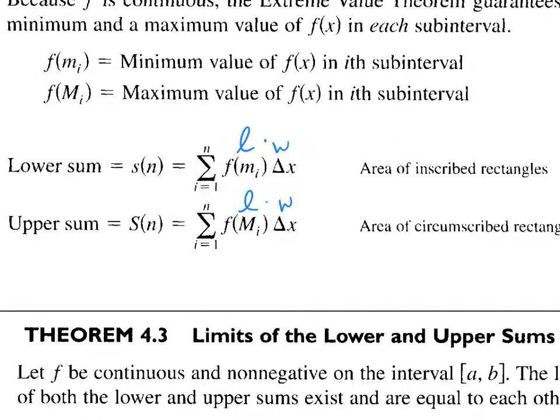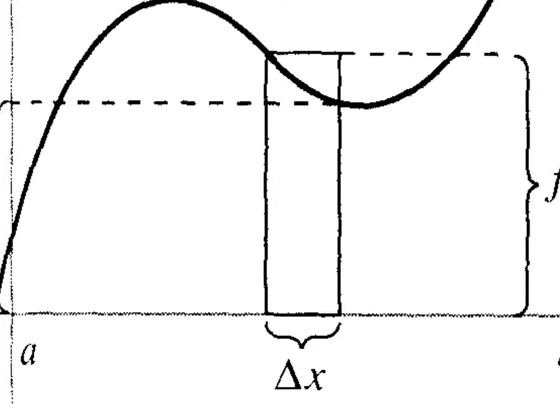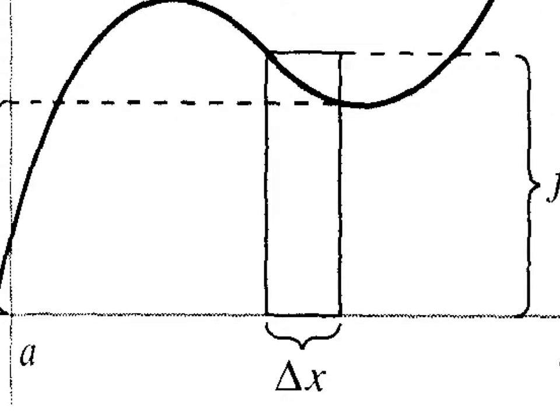Okay? Here's the thing, though. As we create more and more and more intervals, what's going to happen to the max and min values in those intervals? They get closer together. Okay? Notice here, with this delta x in this image, here's the max value, here's the min value.